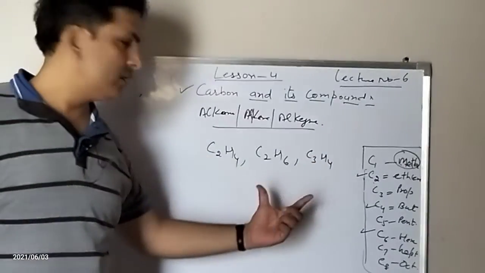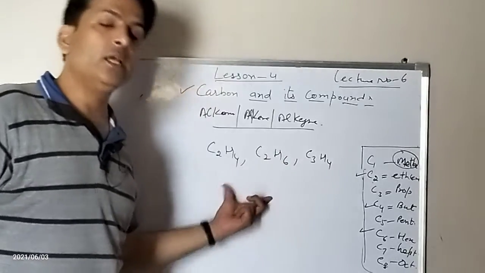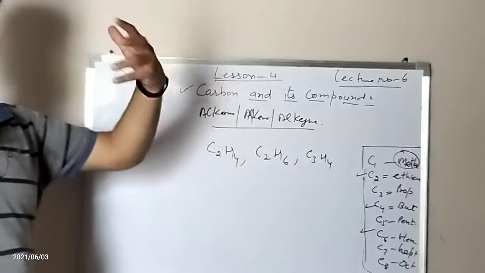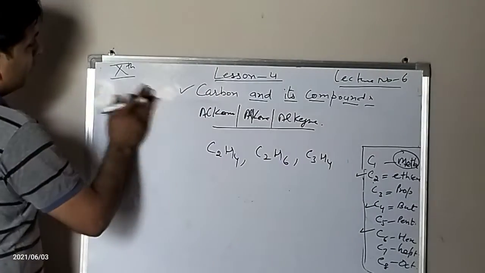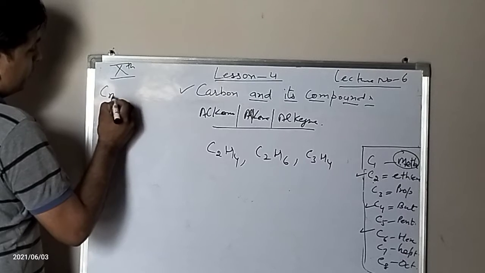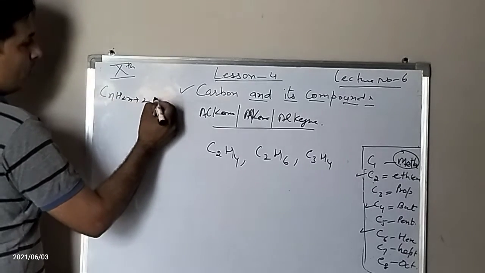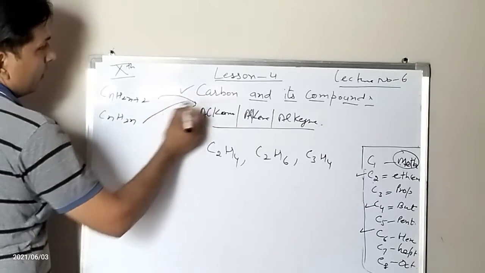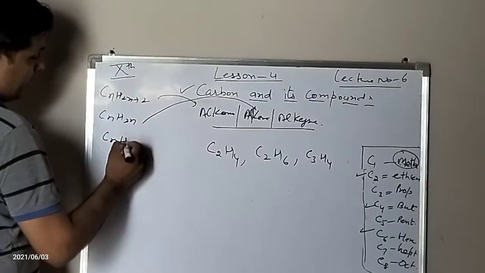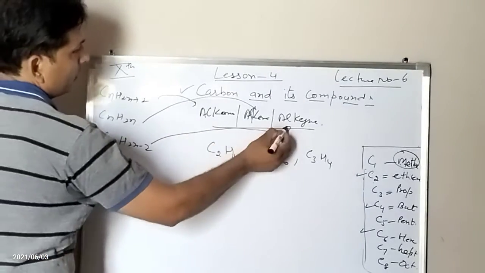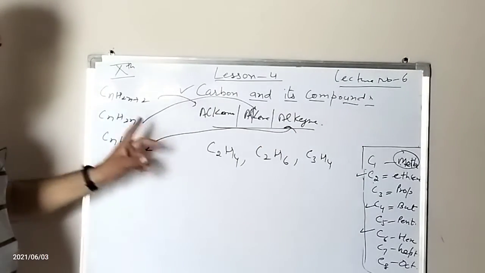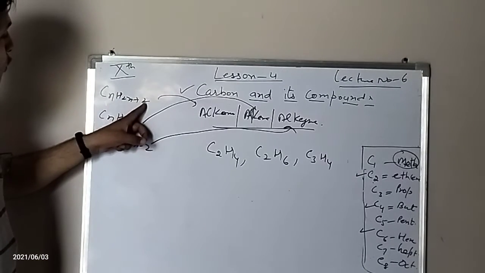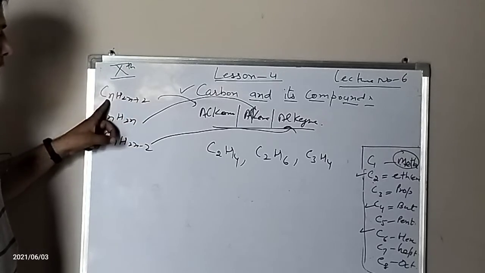You have to recognize which one of them is alkane, which one is alkene, and which one is alkyne. How can you do this? Just try to recall the formulas: CnH2n plus 2 for alkanes, CnH2n for alkenes, CnH2n minus 2 for alkynes. It means the number of hydrogen atoms in an alkane is 2 more than twice the number of carbon atoms.